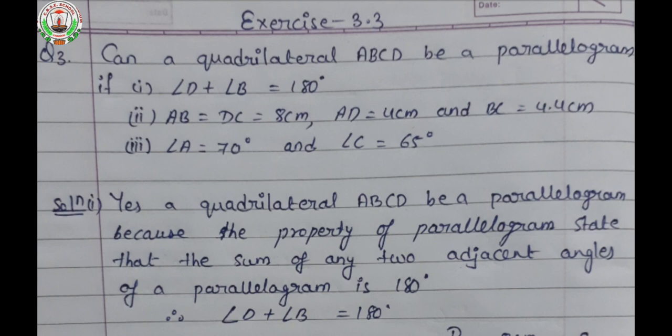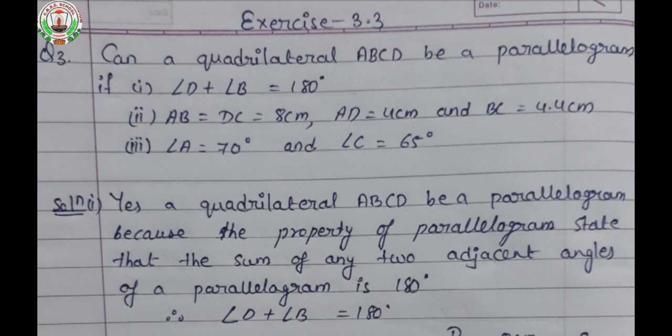The reason is that angle B and angle D are adjacent angles of a parallelogram, and by the property of a parallelogram, the sum of any two adjacent angles of a parallelogram is equal to 180 degrees. Therefore a quadrilateral ABCD is a parallelogram. Have you understood the first part of question number 3?